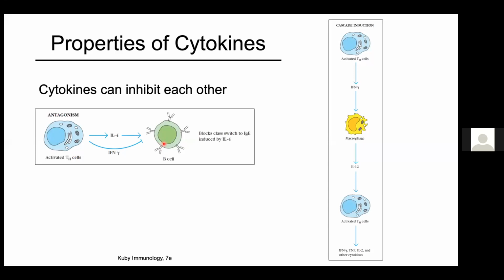And then there's cascade induction. This basically means that they act in a sort of cascade, like a cycle, and the best example given here is this: first you'll have your macrophage presenting antigen to your T helper cell, and then the T helper cell becomes activated, produces interferon gamma, which comes and acts on the same macrophage to activate it, and then it produces interleukin-12, which will also activate your T helper cell to produce other cytokines, okay?